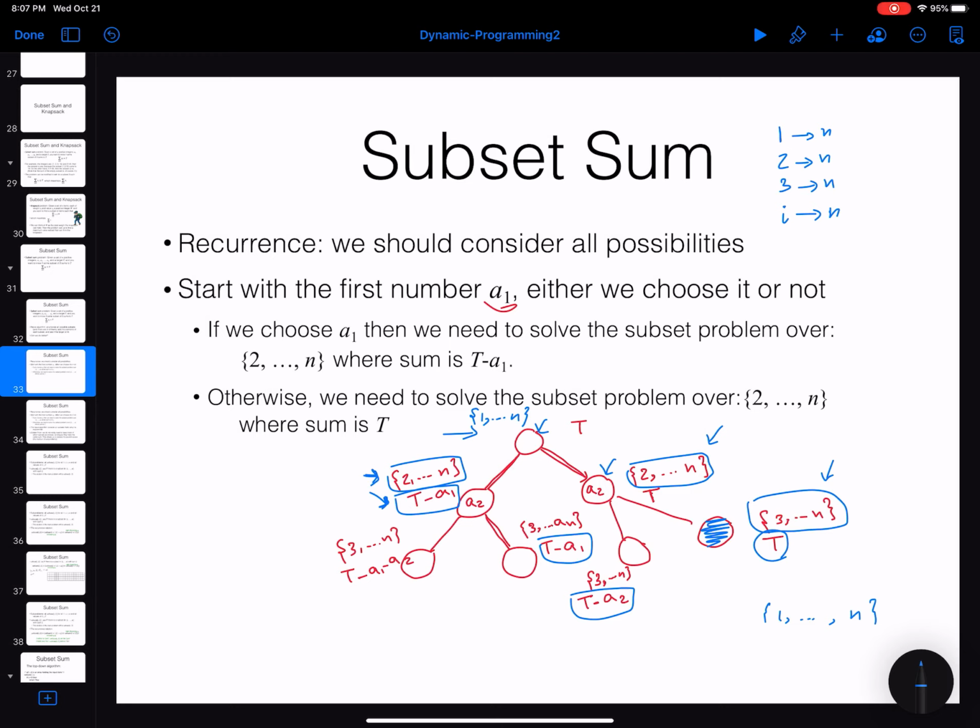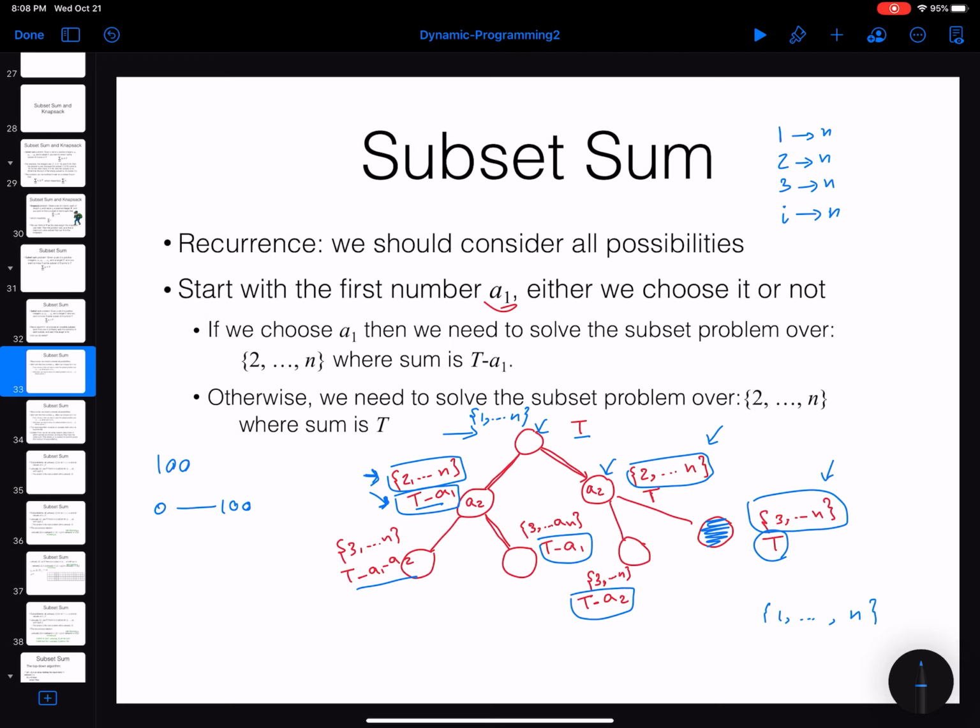So, for t, you can have it as t minus a1, t minus a2, t minus a1, a2. So if, for example, t is 100, all the target values from 0 to 100 are going to actually happen in your subproblems.